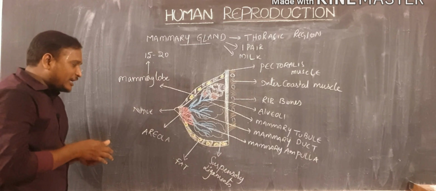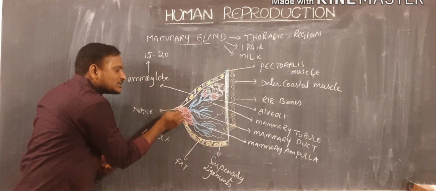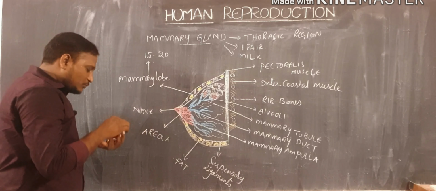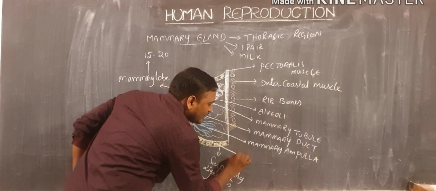And the mammary ampulla opens into small tube-like structures which are also called lactiferous ducts.